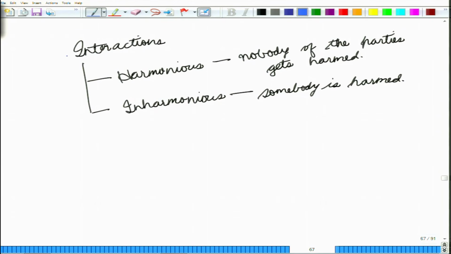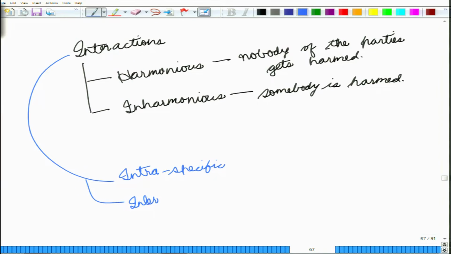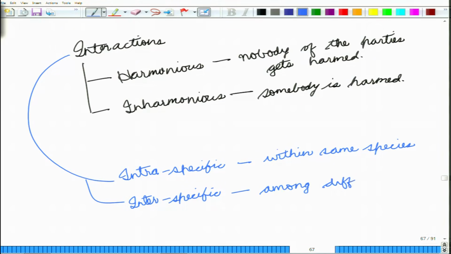Another classification is whether these interactions are intraspecific or whether they are interspecific. Now, intraspecific is within the same species, and interspecific is among different species.